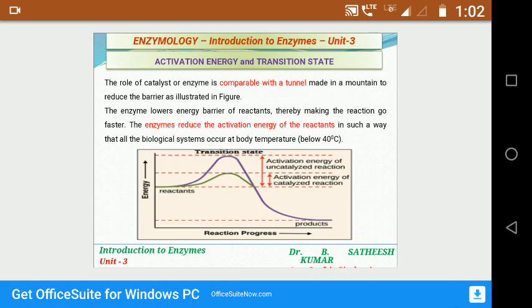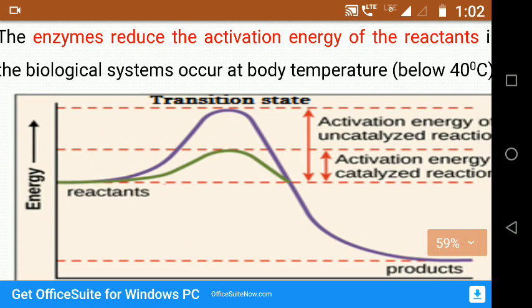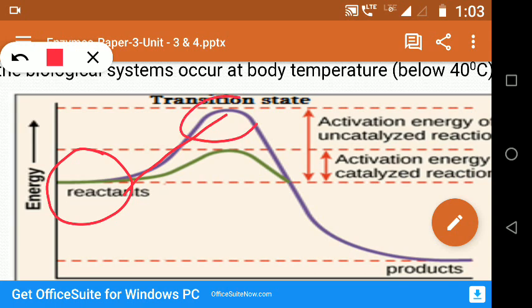In any chemical reaction, suppose the energy state of the substrate or reactant is here. It must be activated to a state that is known as the transition state. For this it requires some energy input, and that energy is called the energy of activation.